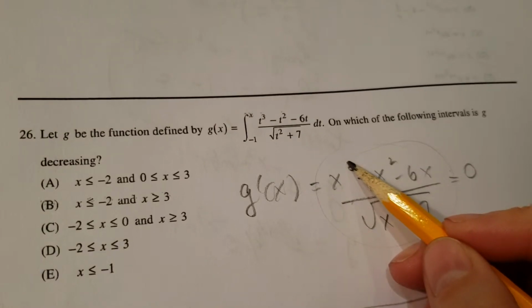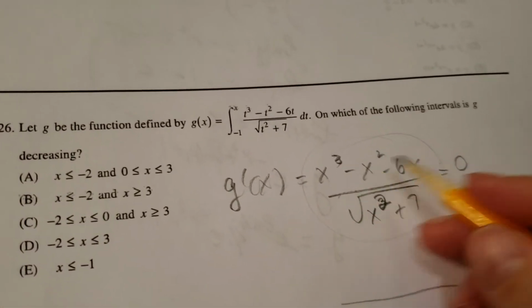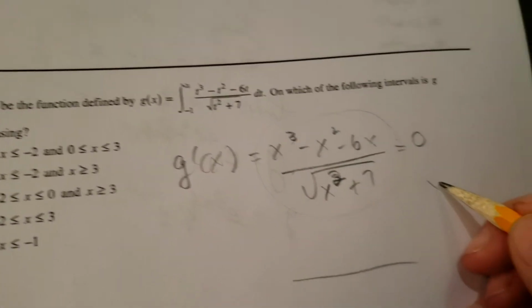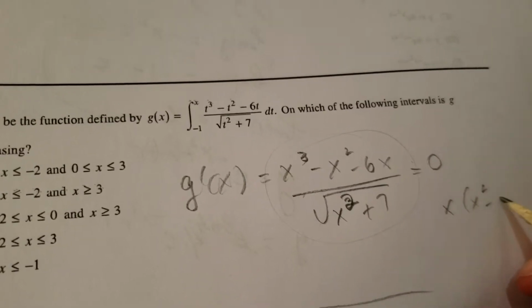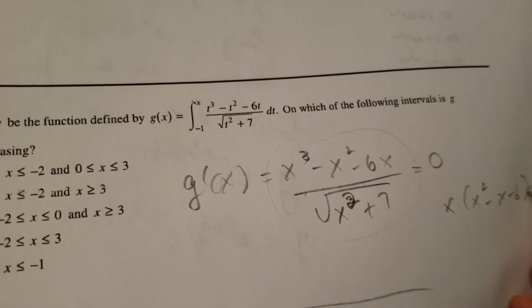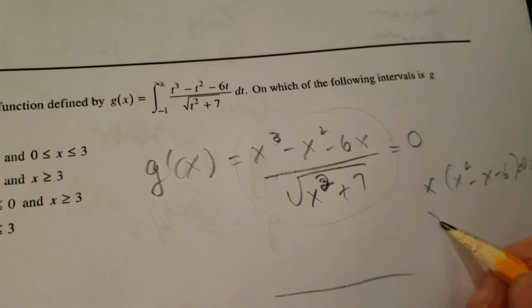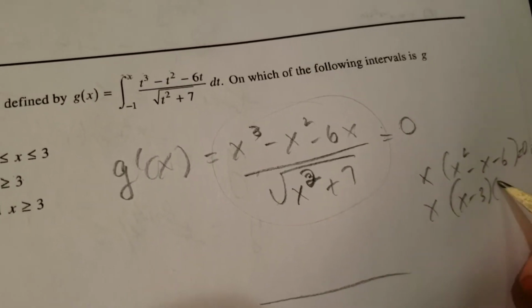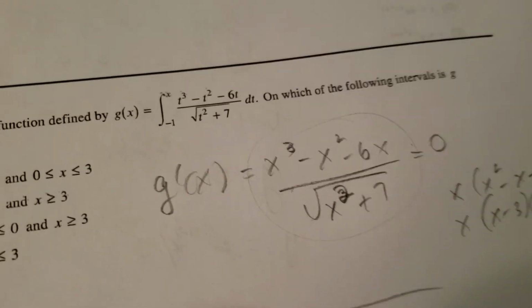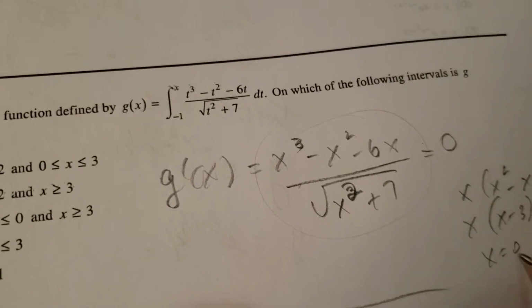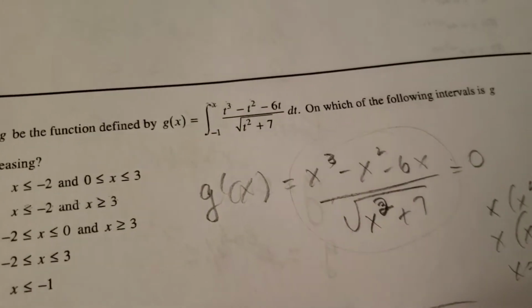This is x cubed, so let's factor that a bit. So we have x squared minus x minus 6. So we have x minus 3, x plus 2. So 0, 3, and negative 2.